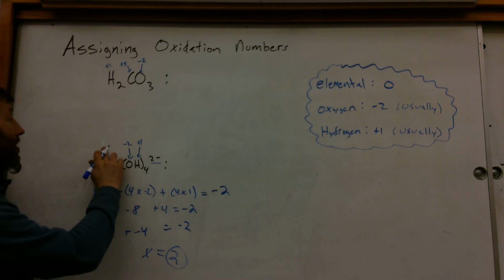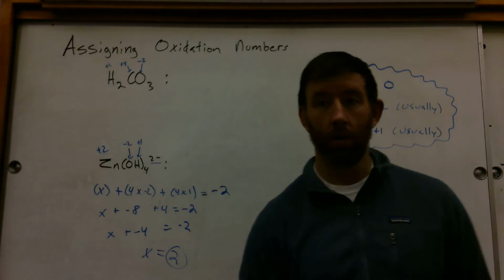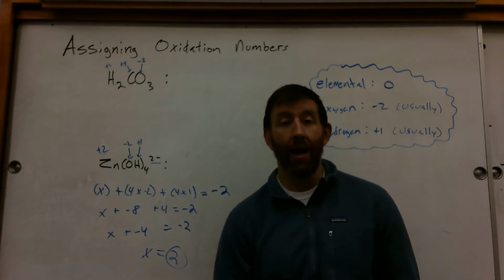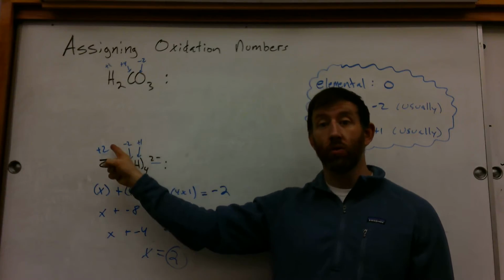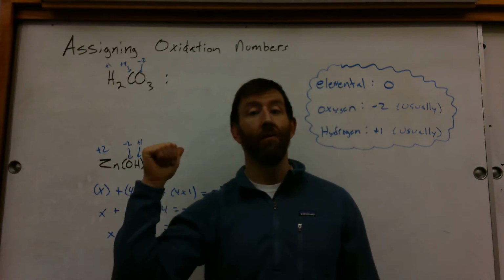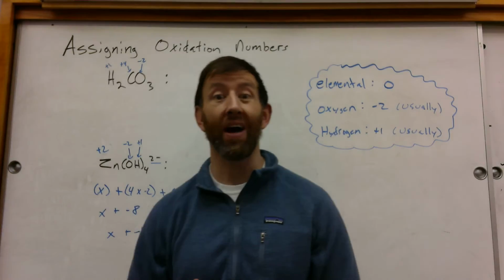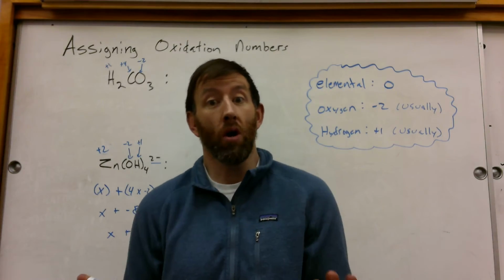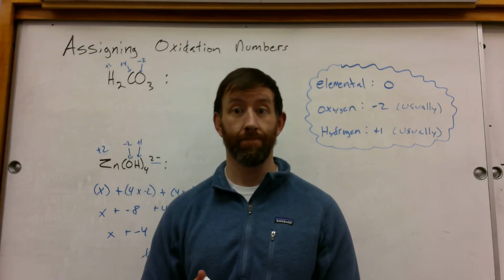So my value for zinc there is +2. Simple as that. Now, practice that. Practice, practice, practice. Being able to assign your oxidation numbers is fundamental in being able to write your redox half reactions or identify when a reaction is redox in the first place.